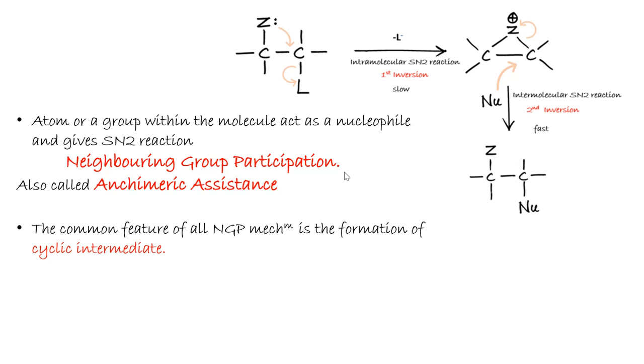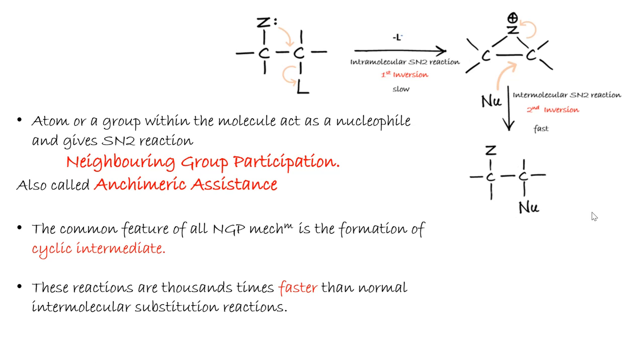Next, the common feature of all NGP mechanisms is the formation of a cyclic intermediate. Here you can see there is a cyclic intermediate formation in all NGP, and because of that, only after a second inversion you get restoration of the same configuration. The next important point is these reactions are thousands of times faster than normal intermolecular substitution reactions.